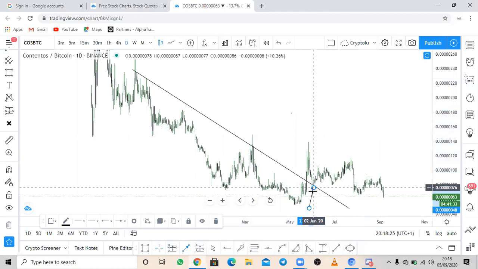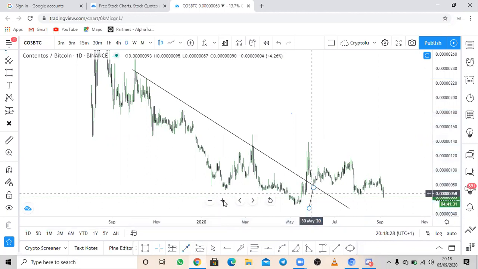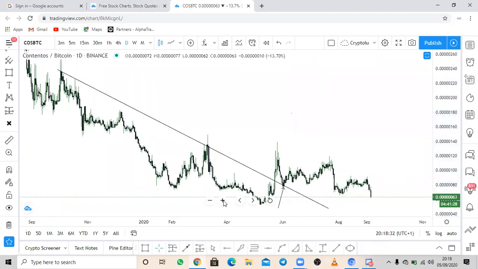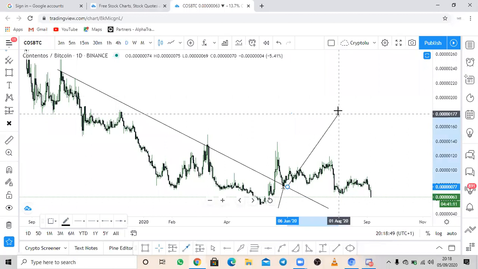Normally when we have a breakout and a retest, we are expecting a continuation, something like this, at least to this point here.